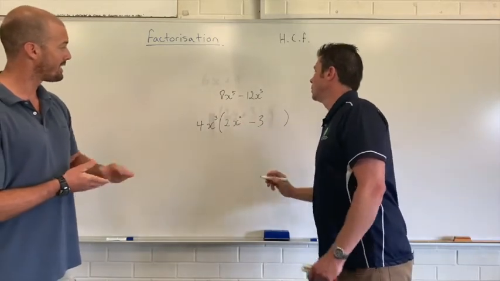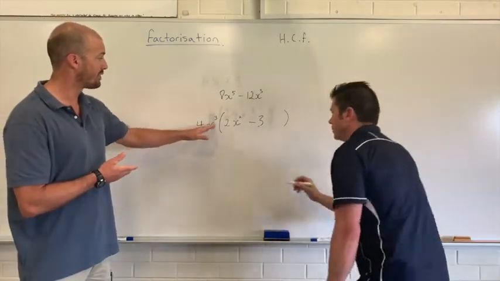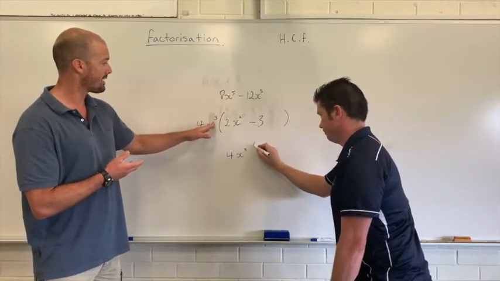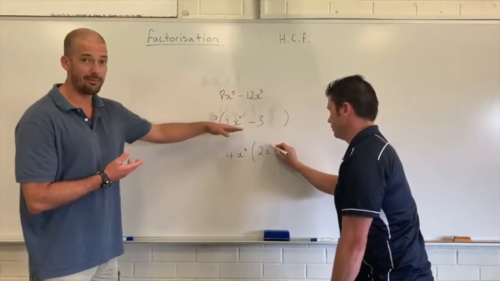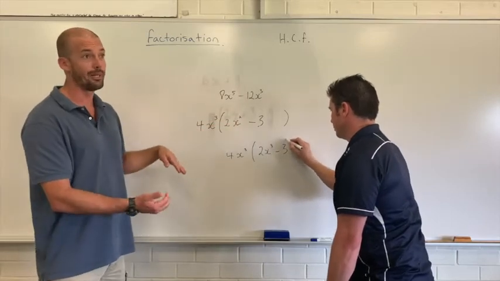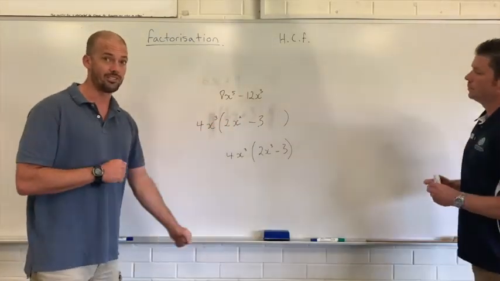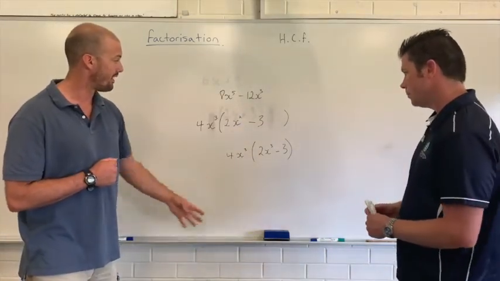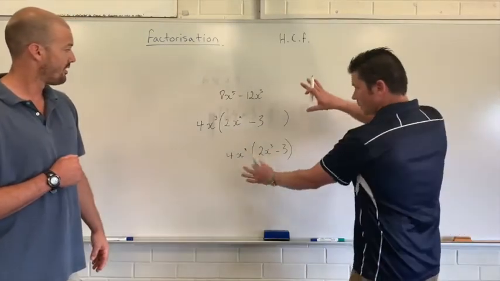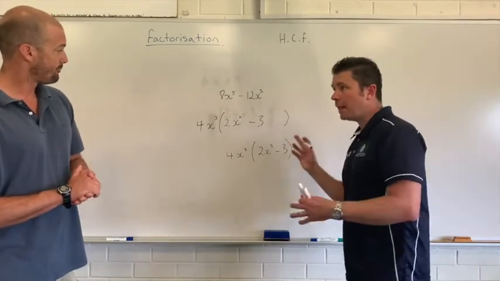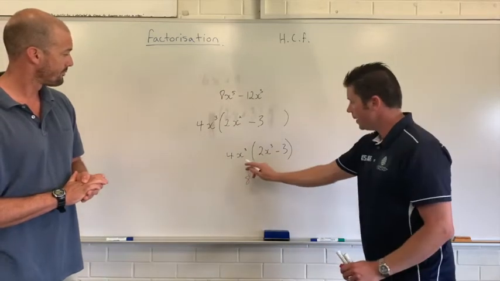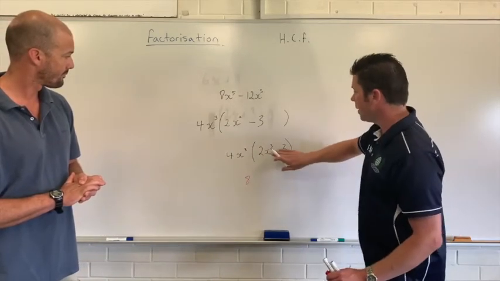And now when we times this, you get 4 times 2 is 8. And then when you times x to the power of 3 times x to the power of 2, when you're multiplying indices, you may remember you actually just add the indices. So 3 plus 2 is 5. If we were to expand this out just to check we got the right answer, we've got 4 times 2 is 8, and then x to the power of 3 times x to the power of, that should have been 2.